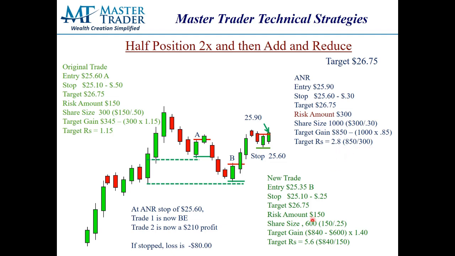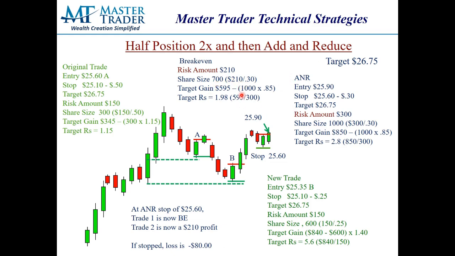That's 2.8 R. Now, I could make the decision just to make this trade break even and only risk my $210 gain, not lose the $80. This is about choices. All of these different combinations is about the choices that you want to make. So rather than even risk the $80, I could make this trade a break even by adding the $210, which would get me 700 shares.